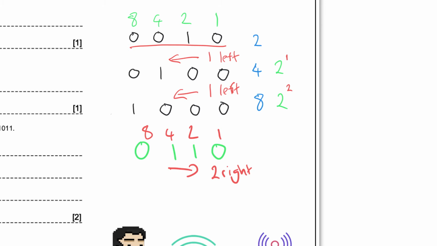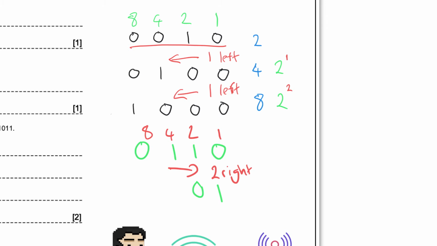Well, let's test it out, shall we? So if we're going 2 to the right, this will move down to here, this will move down to here, and the 1 and 0 are going to fall off the edge. So let's do that. 0, 0, 1, 1. These two are falling off the right edge. If you fall off the left edge, it's called an overflow. If you fall off the right edge, it's called an underflow.